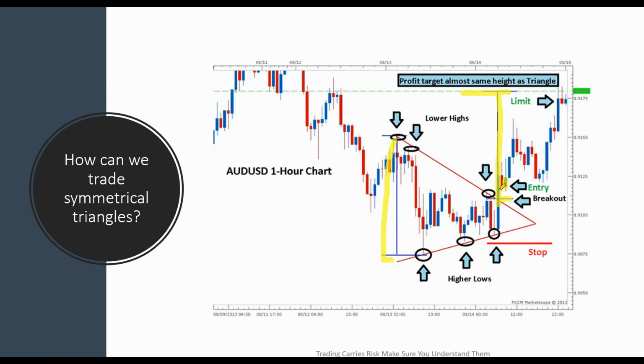First candle is your breakout. Second candle is your confirmation. We would set our entry point based on the low of the confirmation candle. And when that price was reached with the third candle, we would then enter the market. We would set our stop loss at 10 pips below the swing low. So here's our breakout. Here's our entry point.